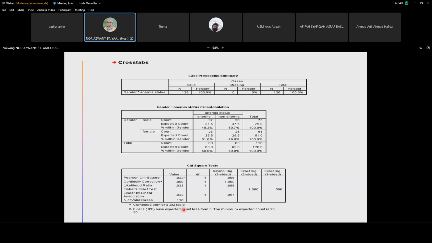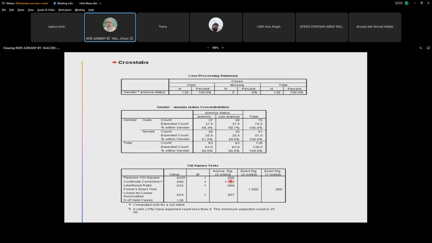Okay, so you have to write specifically the interpretation. This is a chi-square test. The assumption for chi-square test, the expected count of less than 5 is 0, which is less than 20%. Therefore, the assumption for chi-square is met. Then you can see the p-value.